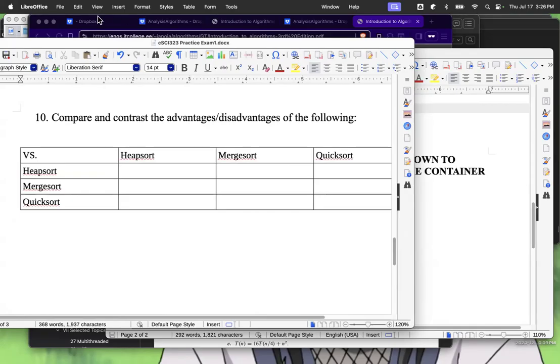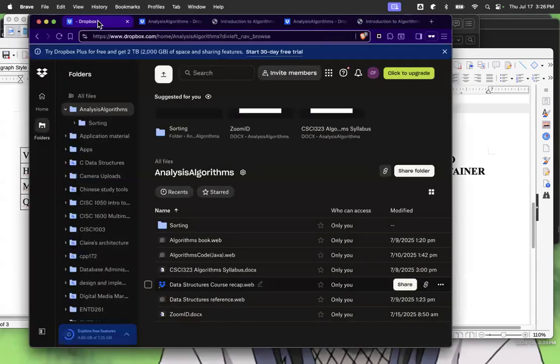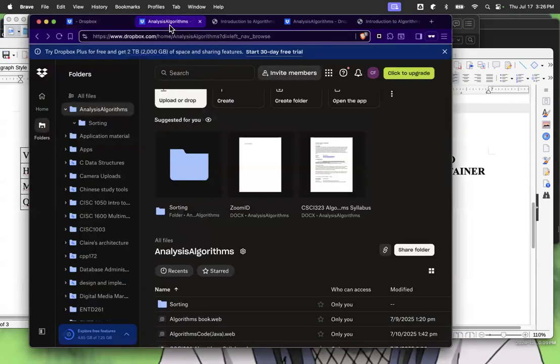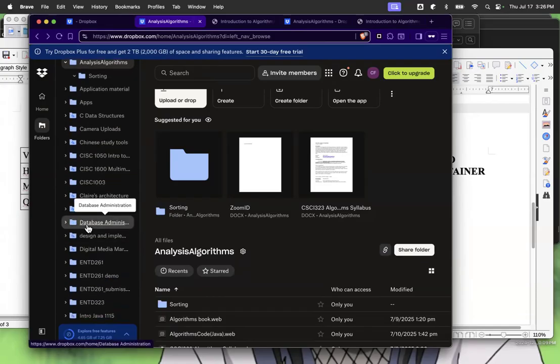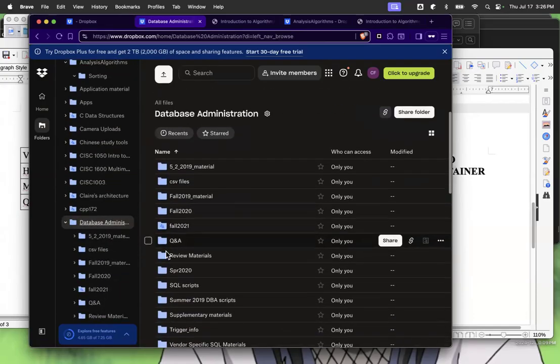Somebody asked in another class if they could see how my exams stack up, right? Here, I'll show you what I did in other classes. That way you can see exactly how I usually relate the exam to the practice exam, right? So let's suppose this with database administration.